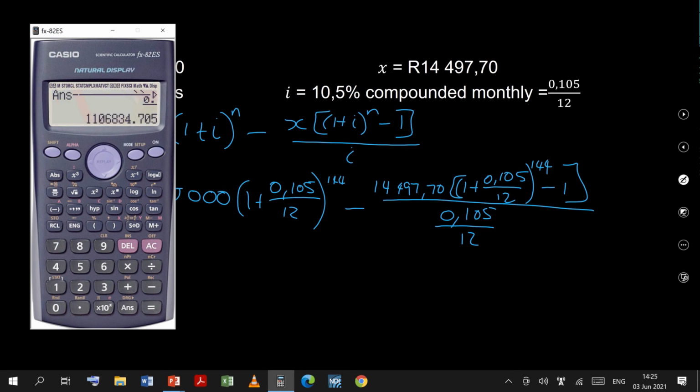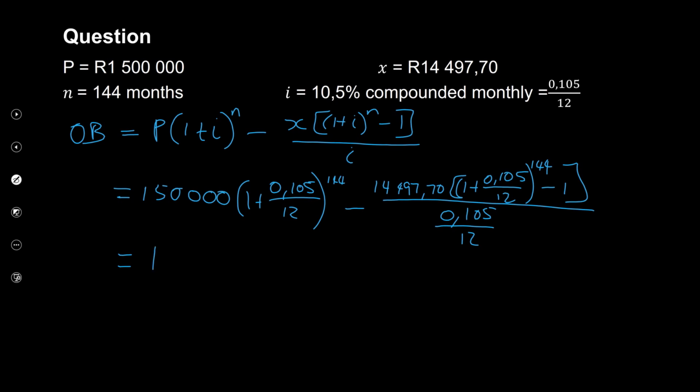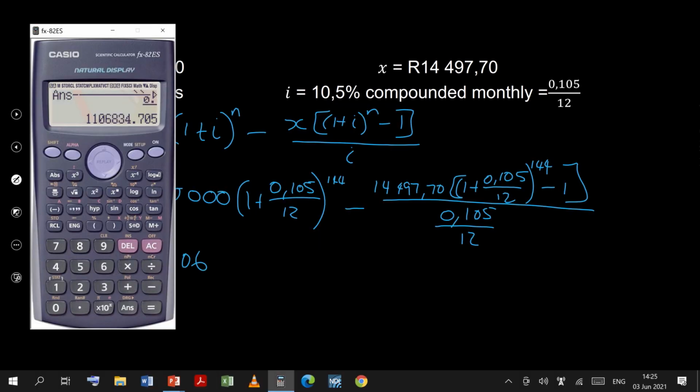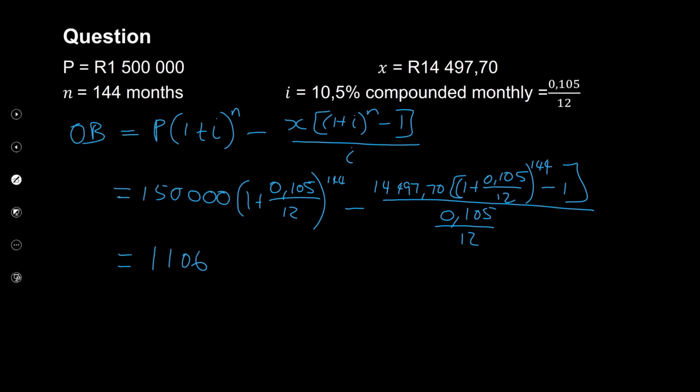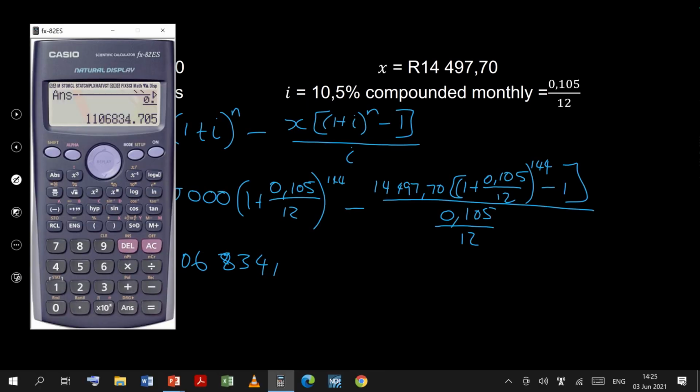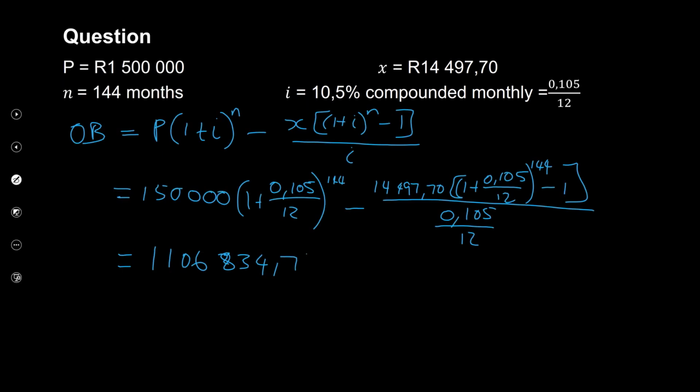So the outstanding balance after 144 months, this will still be what is outstanding from this loan. So that will be 1,106,834.71, right?